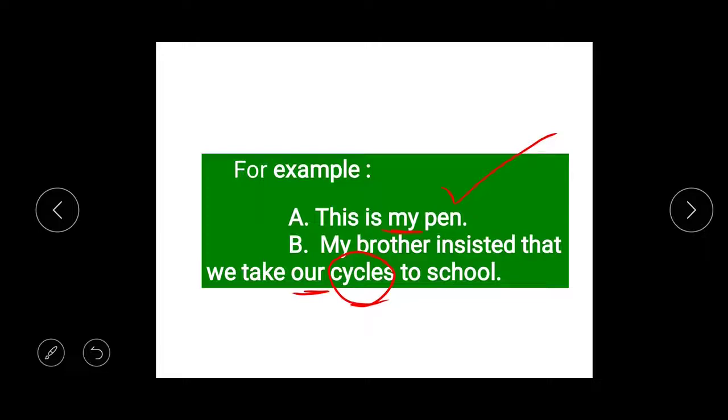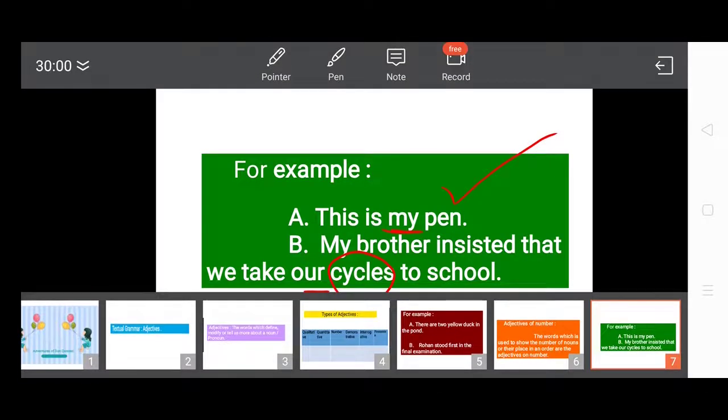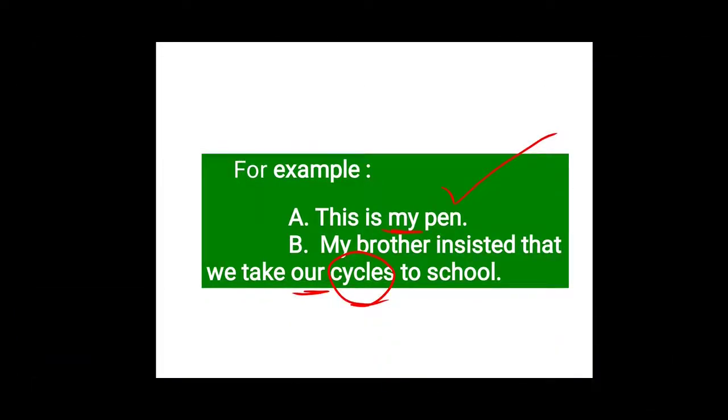So students, the words, say for example my and our, are showing that something belongs to somebody. In the second example, our is denoting that the cycle belongs to my brother.